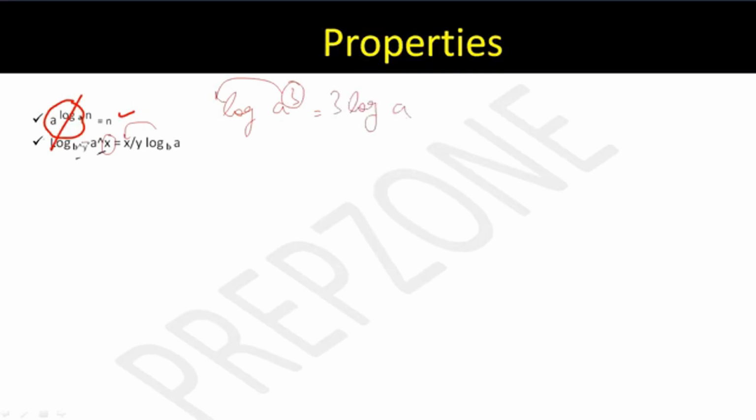However, if I have a number in the base, that becomes reciprocal. That comes in the division part, which means log x to the base a cube is the same as 1 by 3 log x to the base a. Now I've compiled these two properties to write my final property: the exponent of the number part comes directly outside and the exponent of the base comes as 1 by that value. That's it.